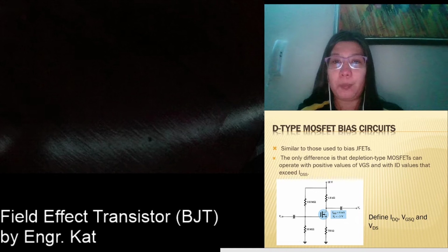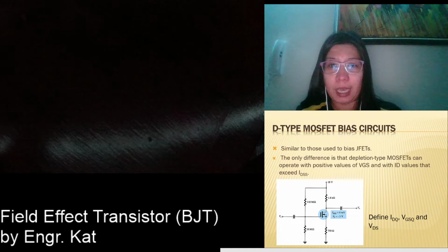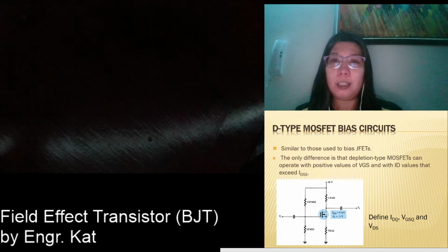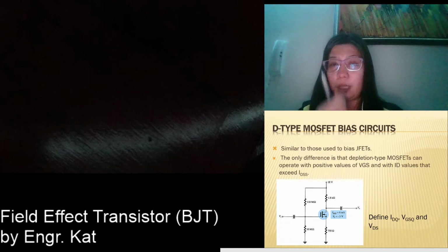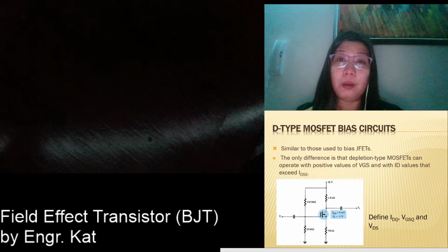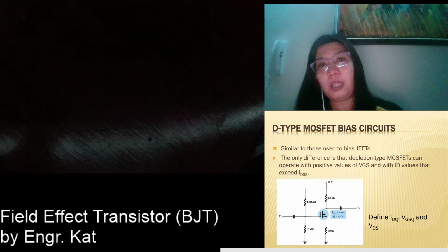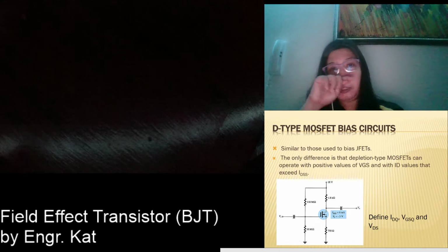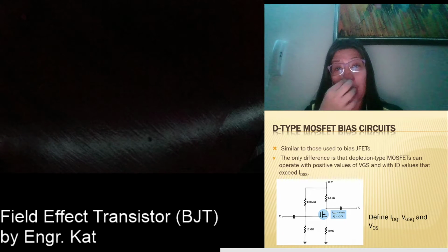The only difference is that the depletion type MOSFET can operate with positive values of VGS with ID values that can exceed your IDSS. So for JFET, your ID is always lesser than your IDSS, whereas for the MOSFET, a possible drain current is greater than your IDSS.